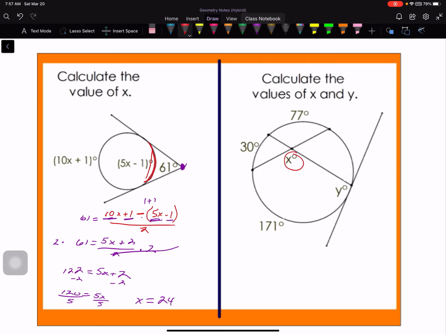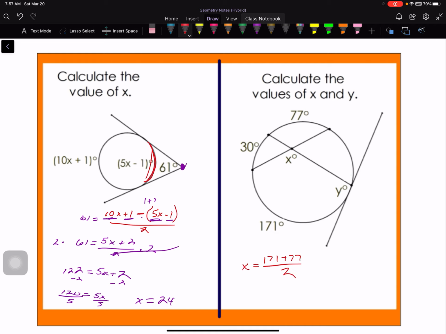So here's x. It is an angle, however you want to look at it, with the vertex inside the circle. So in this case, your angle equals, and then you just add together the opposite arcs and divide by 2.